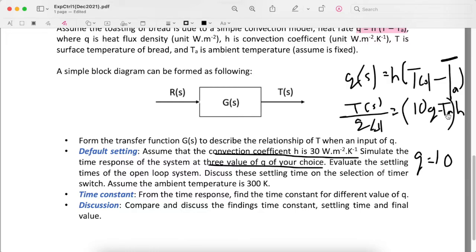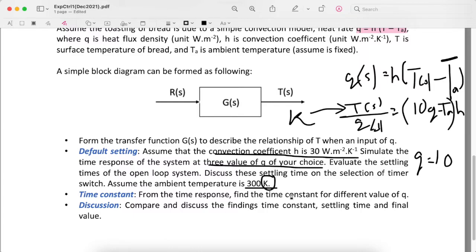Insert all 30 over there, and the TA here is 300 Kelvin. When you see the unit of the temperature is in Kelvin, it means the output that you get here is also in Kelvin. Very straightforward.